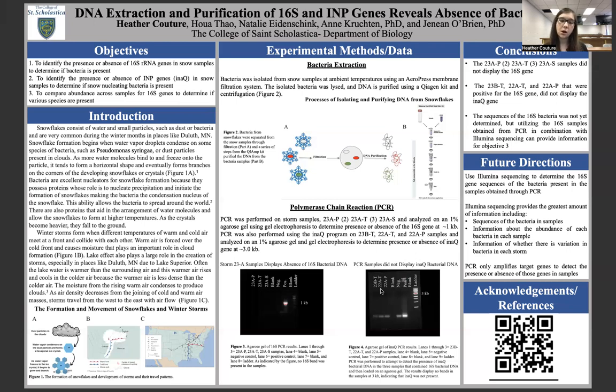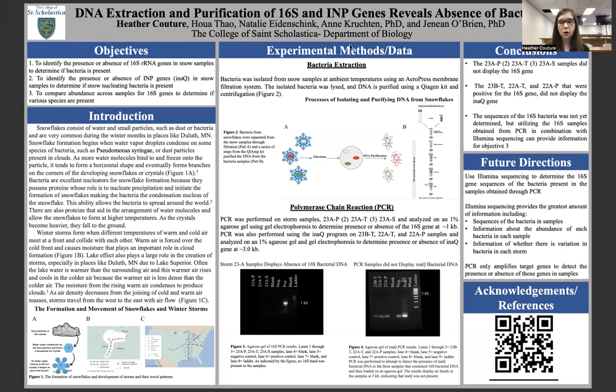So we used INAQ specific primers for our PCR. And we also loaded those onto a gel and ran gel electrophoresis. And our results show that no nucleating bacteria or INAQ were seen in our gel or our samples because of the absence of the bands around 3 kb, which is where the INAQ band would be present.